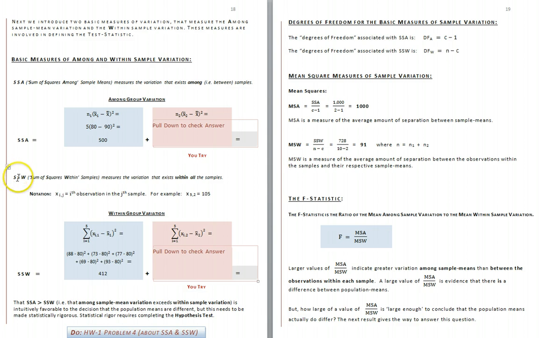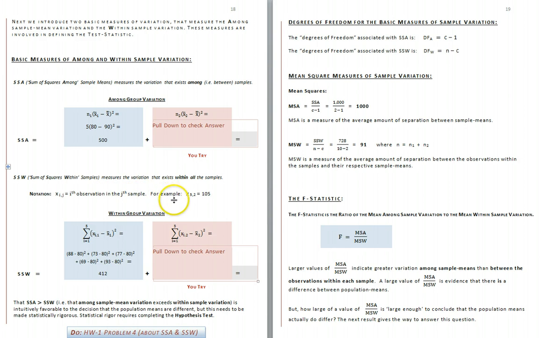The next measure of variation, SSW, is the sum of squares within samples. It measures the amount of variation that exists within all the samples. Now we're going to use some notation that looks complicated, but it really isn't particularly. Xij represents the ith observation in the jth sample.